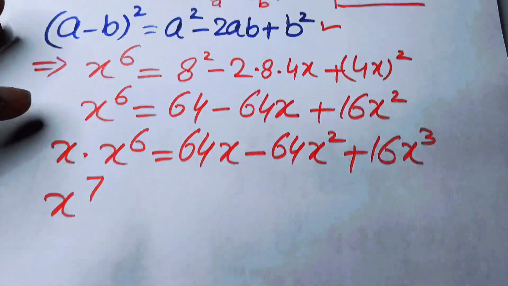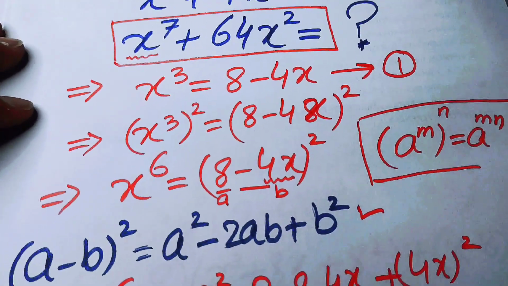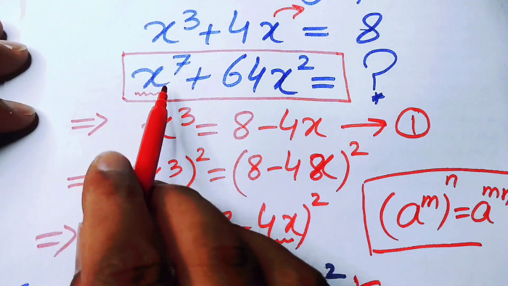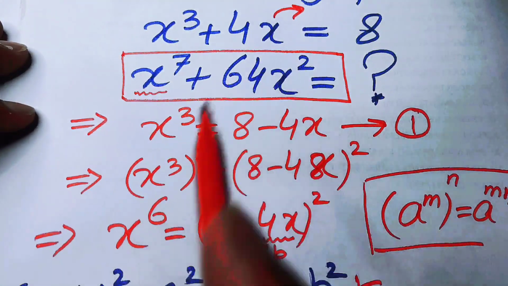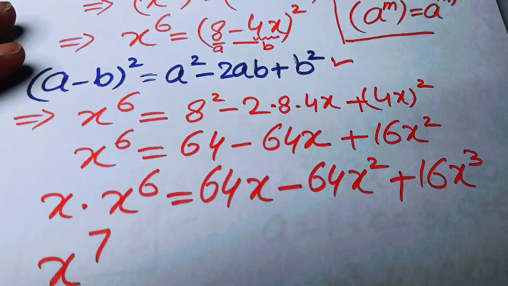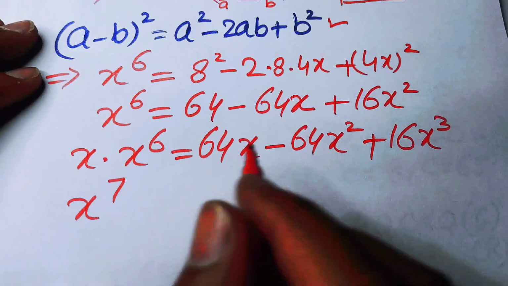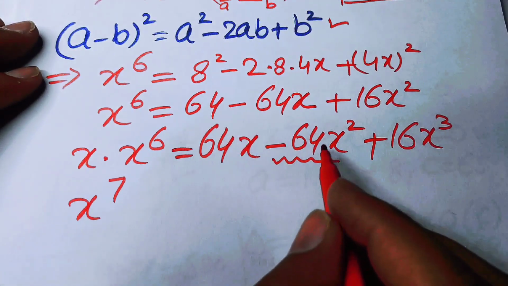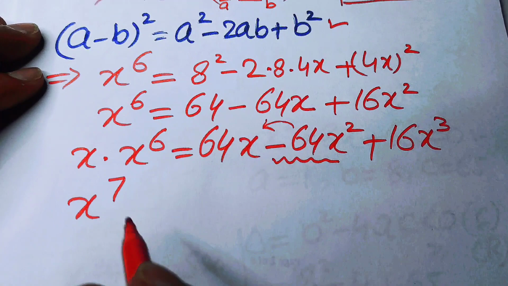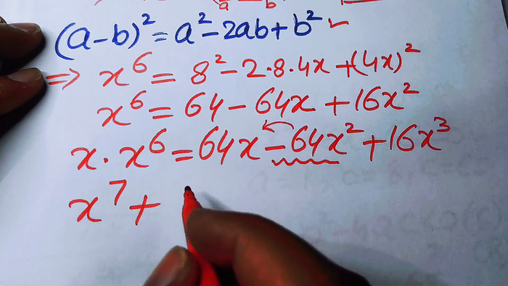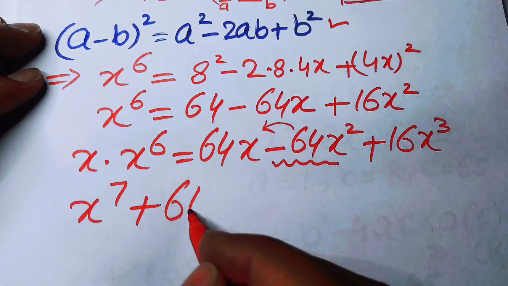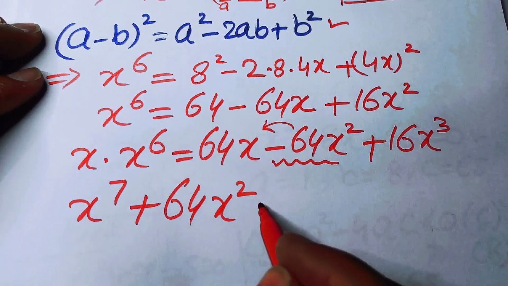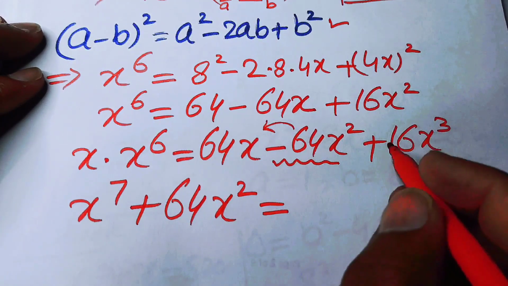At the start of the question we need to find the value of the expression x to the power of 7 plus 64x squared. So we move the minus 64x squared to the left hand side, and it becomes plus 64x squared is equal to, on the right hand side, we have 16x cubed plus 64x.